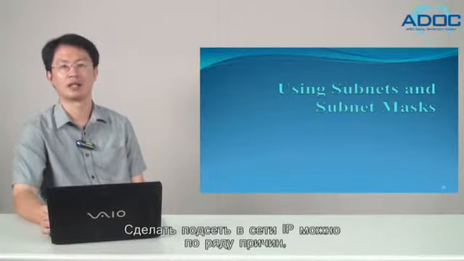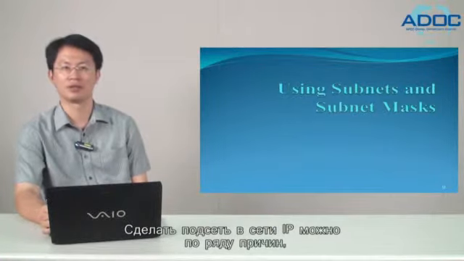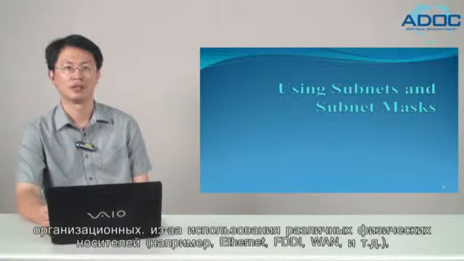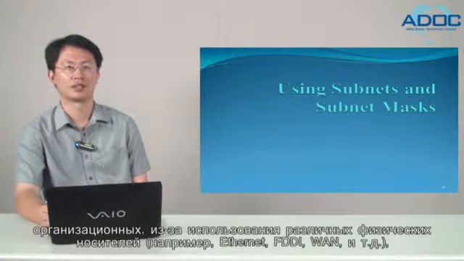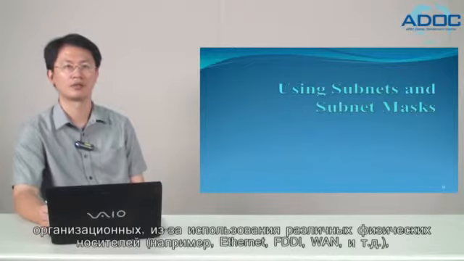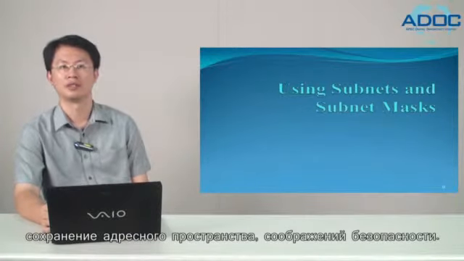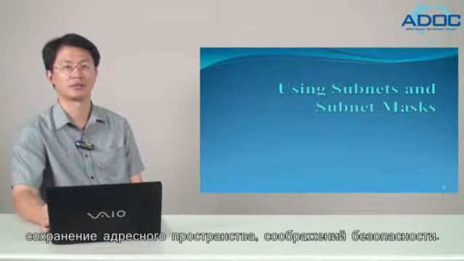Subnetting an IP network can be done for a variety of reasons, including organization, the use of different physical media such as Ethernet, FDDI, WAN, etc., preservation of address space, and security.